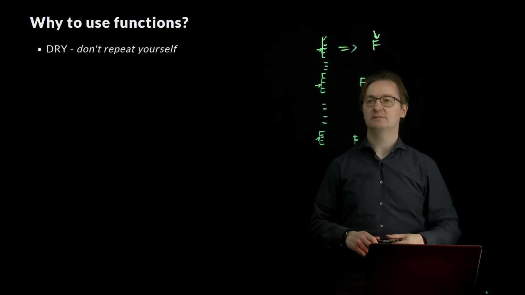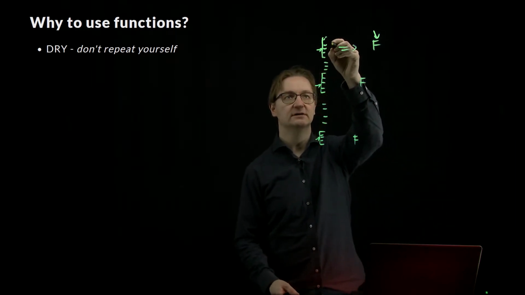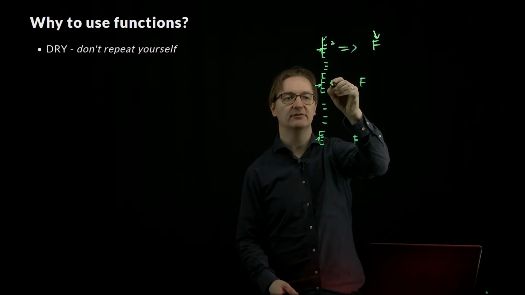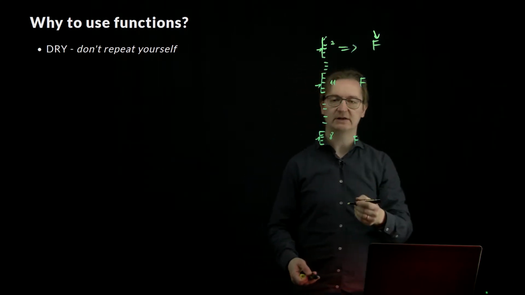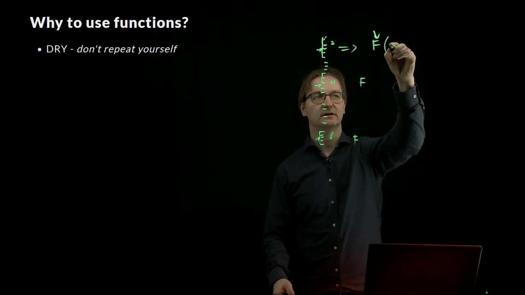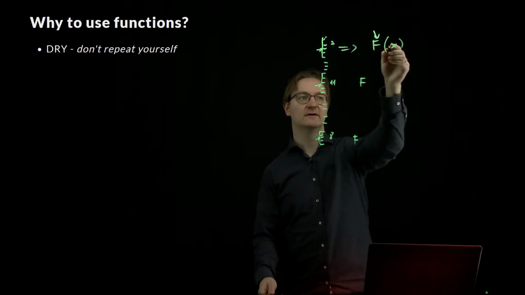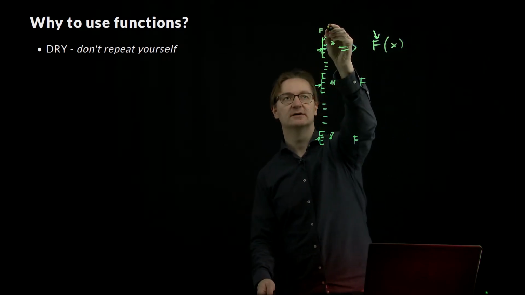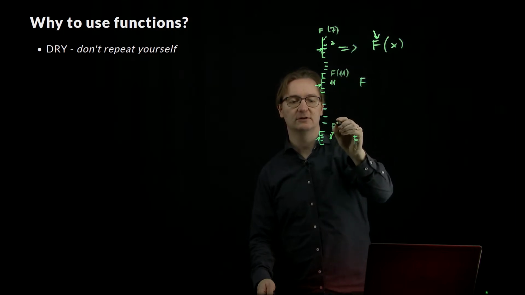Even if there is some small difference, let's say there is a value 7 here and 11 here and 8 here, so you do something with the value, then you can have this as a parameter in your function. So here you can call f7, here you can call f11, and here you can call f8.